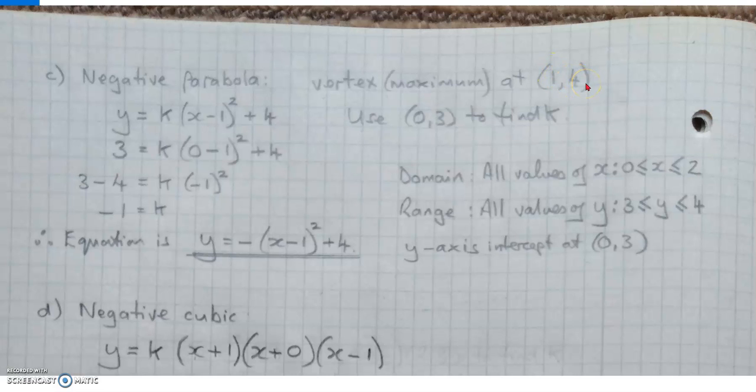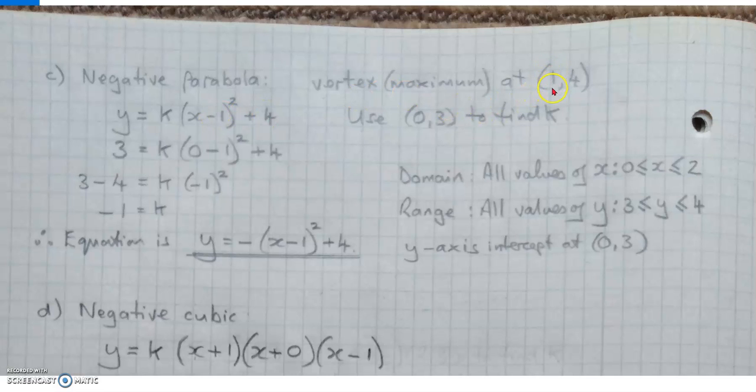So if it's got a maximum or vertex at (1, 4), it makes sense to use the vertex form of the quadratic equation. Okay, so we put into the brackets squared the x coordinate, but with the opposite sign.